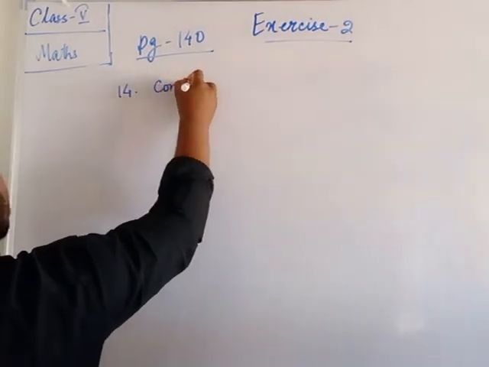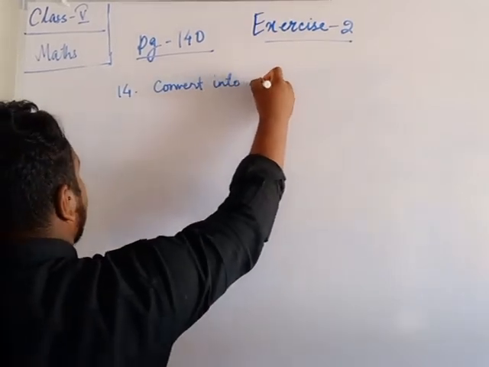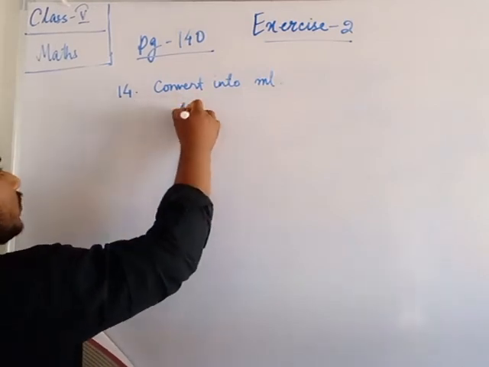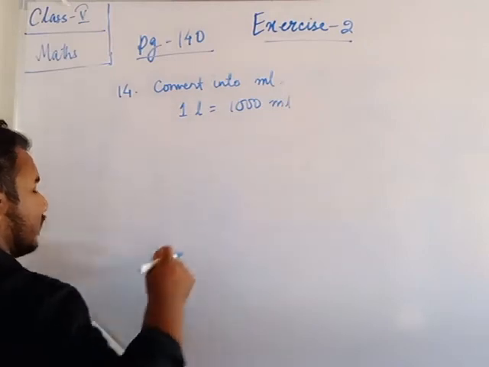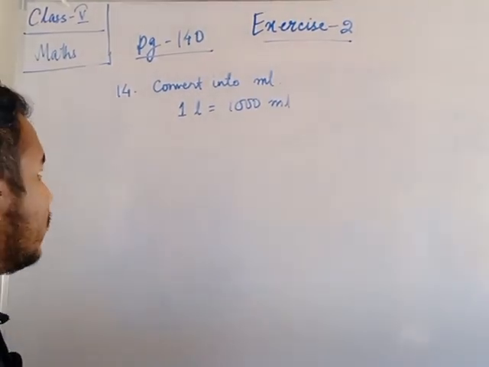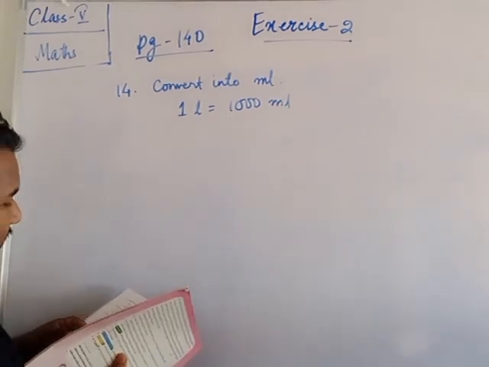Convert into milliliters. So as we know, 1 liter is equal to 1000 milliliter. Okay. So how we will write now? Same like the previous question.